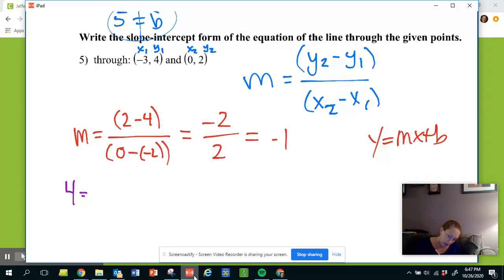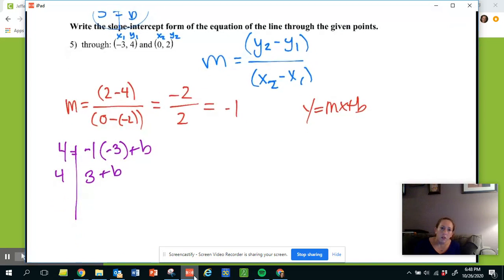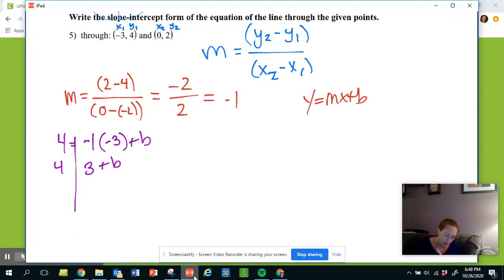So I get 4 equals, because it's my y, and then m was -1, x was -3, plus b. I multiply those together. I get 3 plus b, and then I can subtract 3 on both sides. And I get b equals 1.